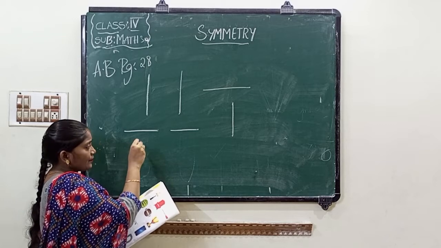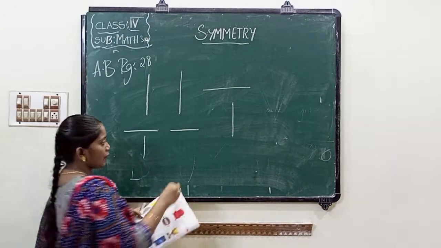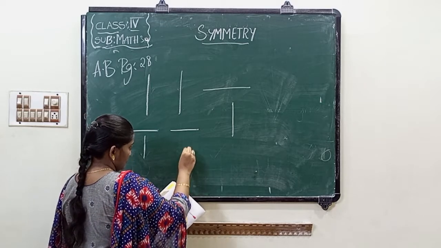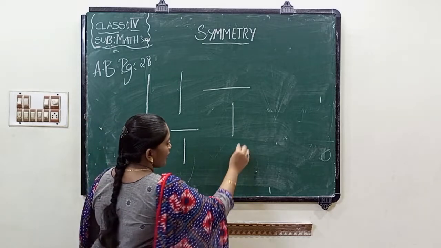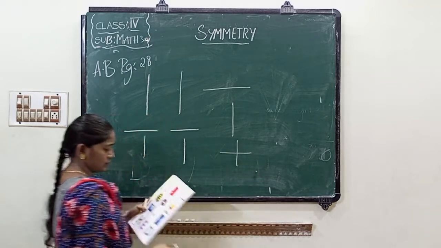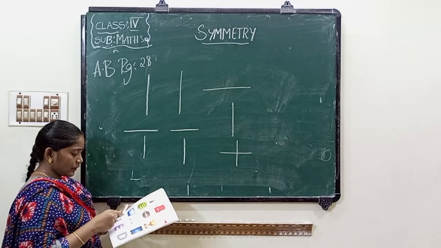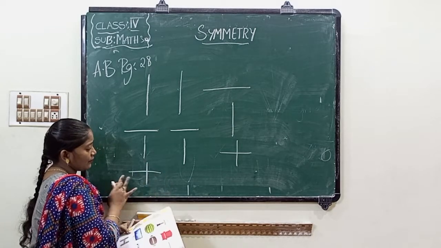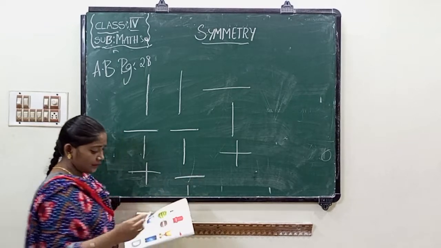For a computer or a system, perpendicular. Airplane, it's a parallel one. Sorry, it's perpendicular here. Here also perpendicular. Perpendicular and parallel, both. H, perpendicular and parallel. E, having only a parallel line.